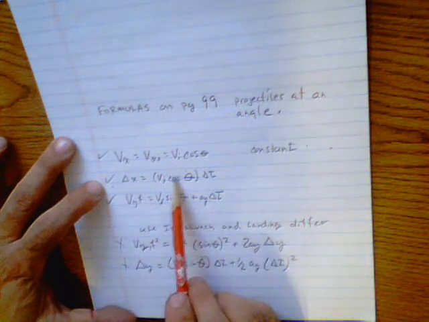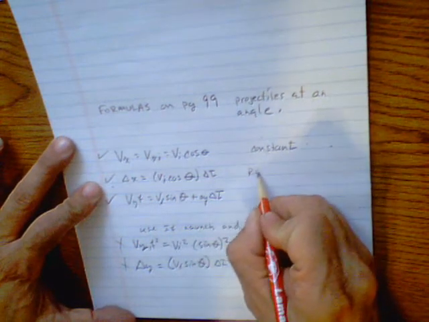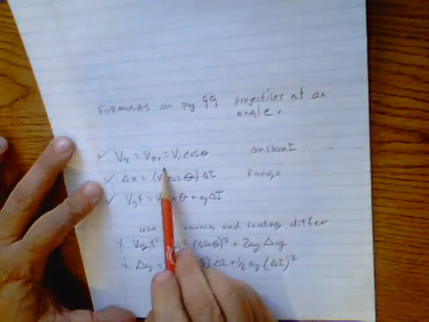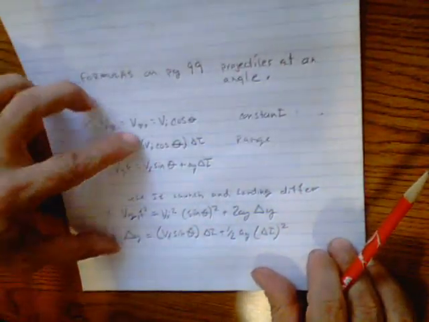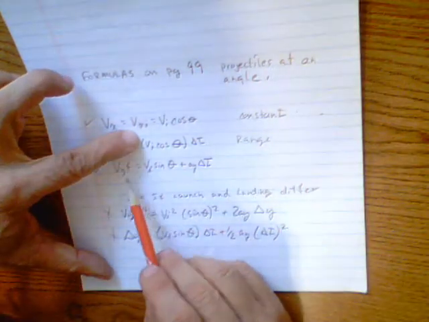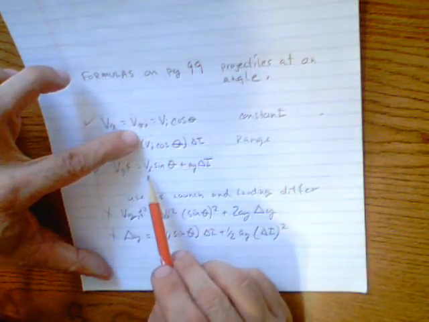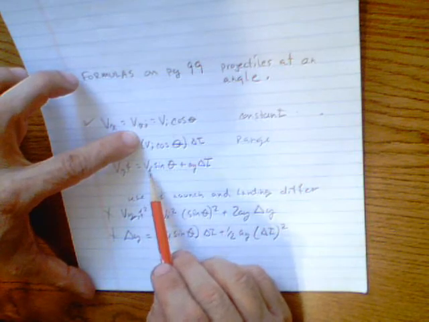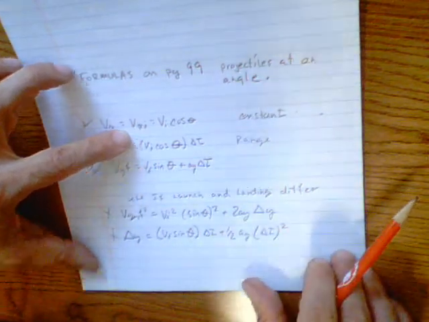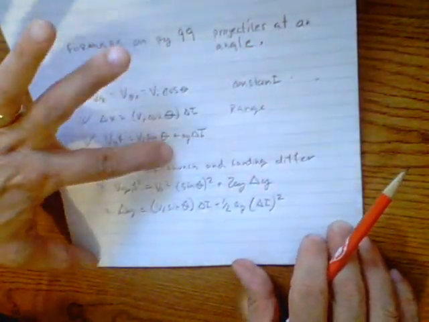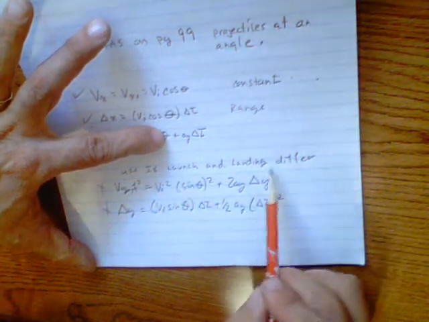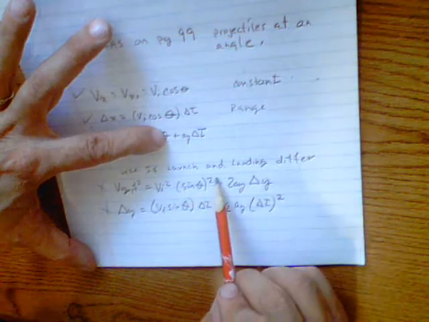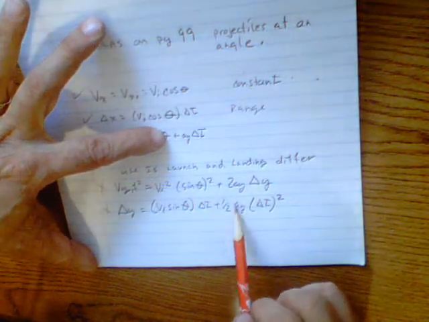You'll need to be able to tell me the range, so that's important. So know that equation, and Vy final. I already said Vy final and Vy initial should be the same, but I'll show you how to determine that one as well. And then finally, there's 2 equations that are used if the launch and the landing are different.